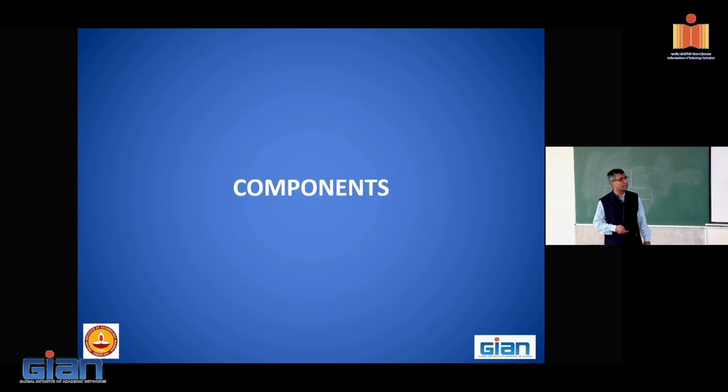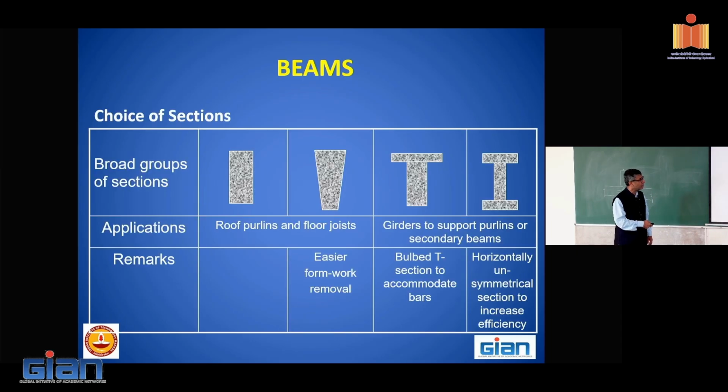Now let's come to the components. There can be different types of sections depending upon the applications. I picked this up from my advisor's class notes. These are drawn schematically; in reality, you may find a bit more detail.